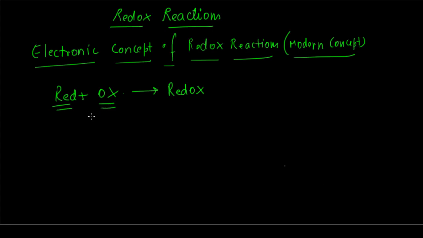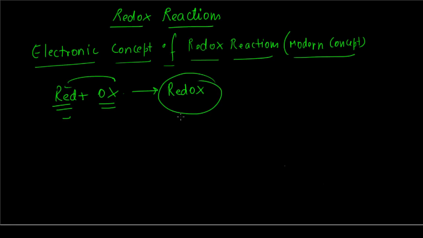Oxidation was defined as the addition of oxygen or an electronegative element, or the removal of hydrogen or an electropositive element. Again, the reverse of reduction, right? And these together take place simultaneously, which they have to, because isolated reduction and isolated oxidation are not possible. So they have to come together, and together we have a redox reaction.